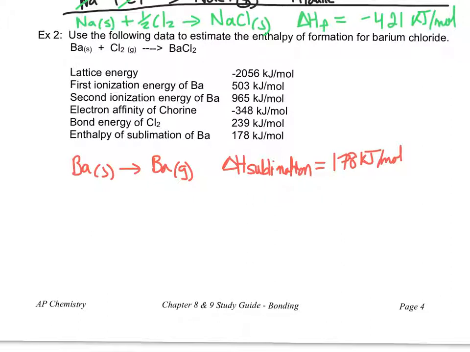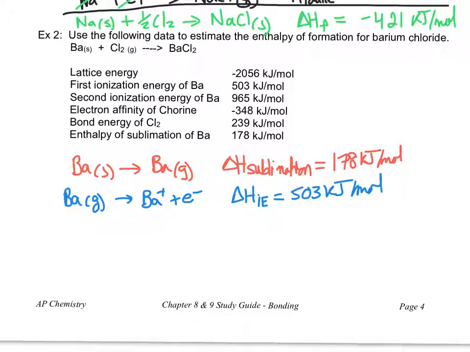Next, we're going to take our barium gas, and we are going to ionize it. So we're going to remove an electron. So we've got to add energy to remove an electron. Now if we do, we're going to get Ba plus and an electron. That is endothermic. Heat of ionization is always endothermic. And that would be our first ionization, removing our first electron. So that is 503 kilojoules per mole.